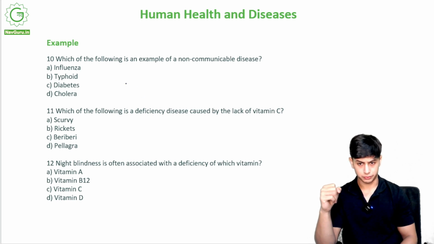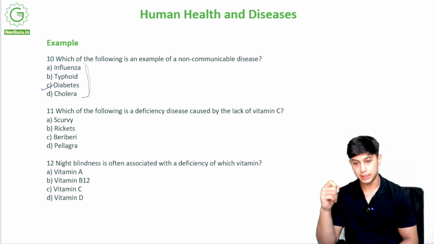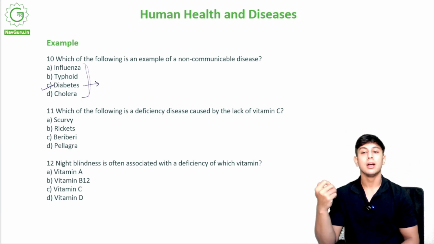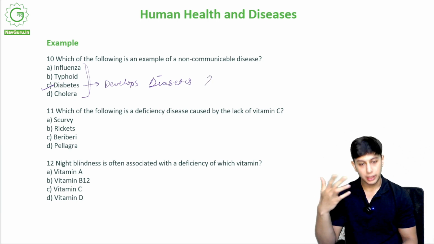Let's move to which of the following is an example of a non-communicable disease? Okay. Out of these, one is a non-communicable disease. Which one is it? Is it influenza? Is it typhoid? Is it diabetes? Or is it cholera? Yes, so the correct option is C, diabetes. Diabetes, a person develops diabetes due to lifestyle factors.